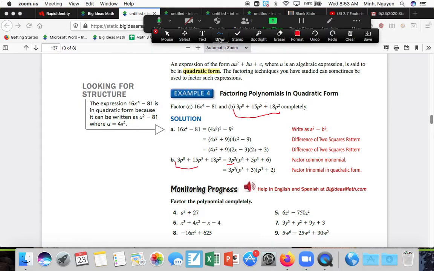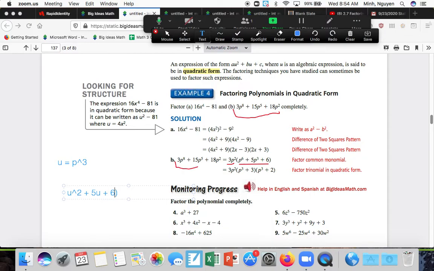So instead of using p's, I'm going to say u is equal to p cubed, so that I can rewrite this right here as u squared plus 5u plus 6.